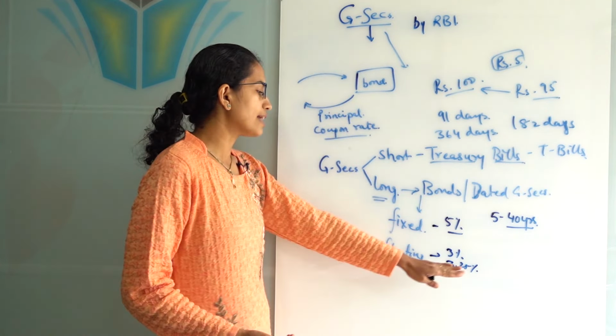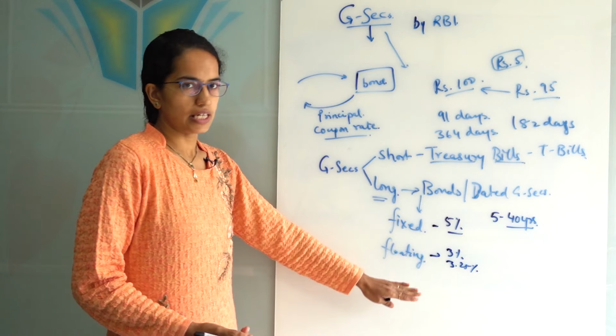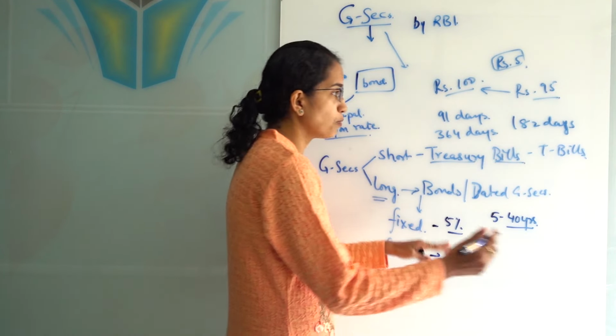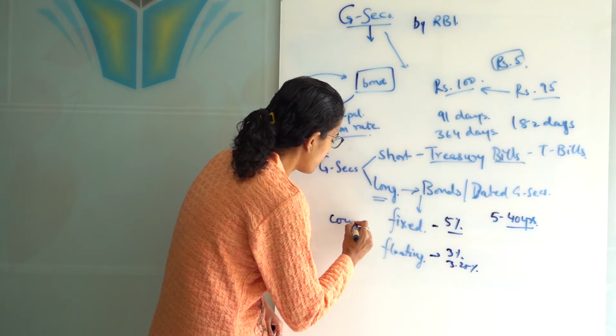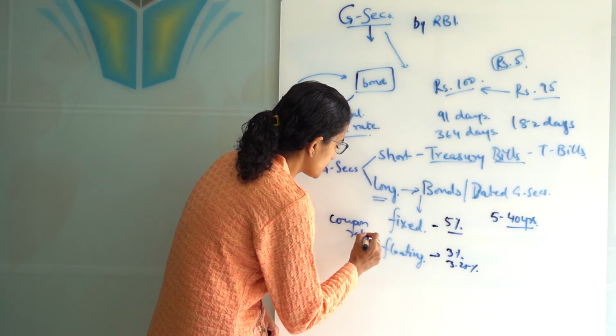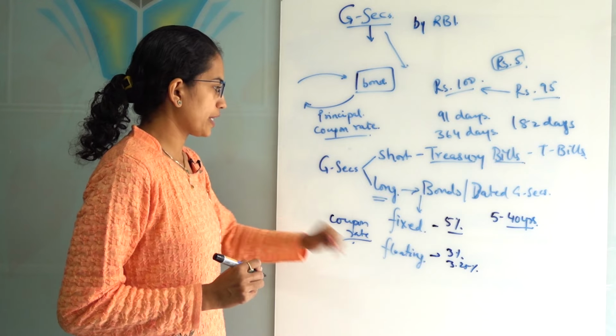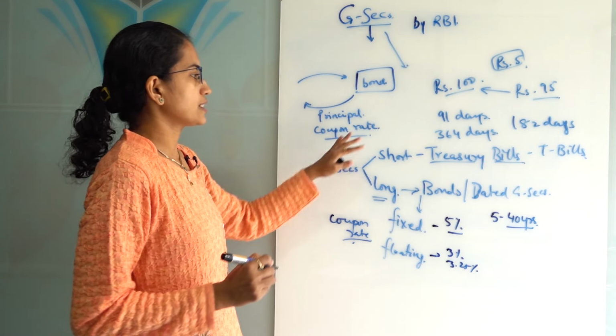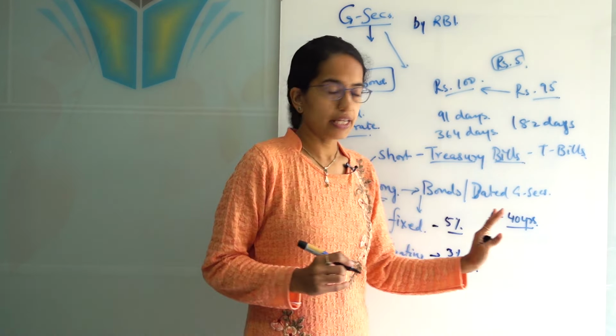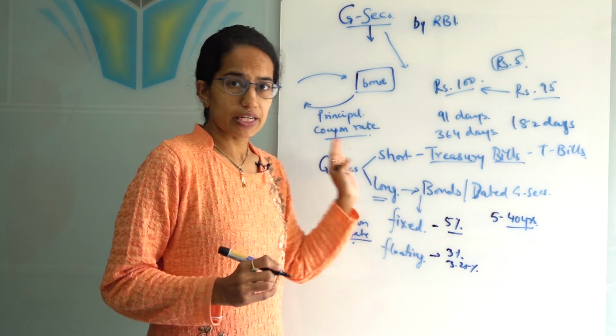So it is called a floating interest rate, also called the coupon rate. So interest rate or coupon rate is the same terminology that you can use. Either a fixed interest rate or a floating interest rate. Now these GSECs are what we have explained here. Very, very interesting, very, very simple.